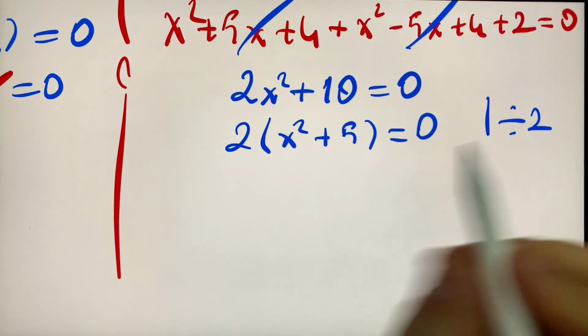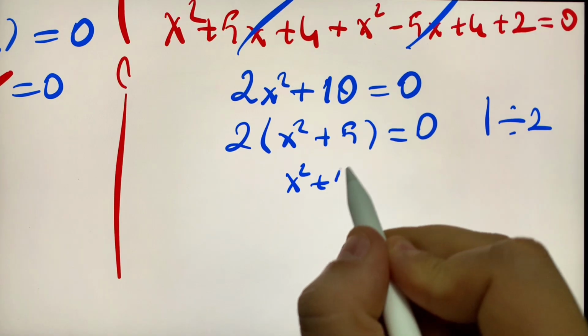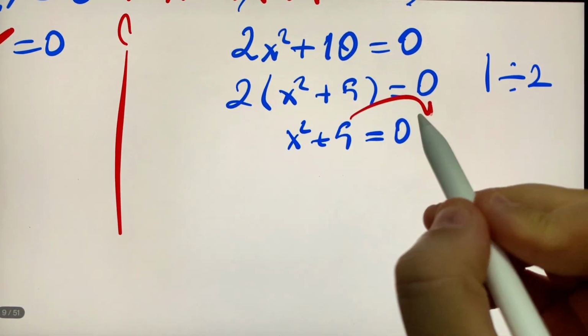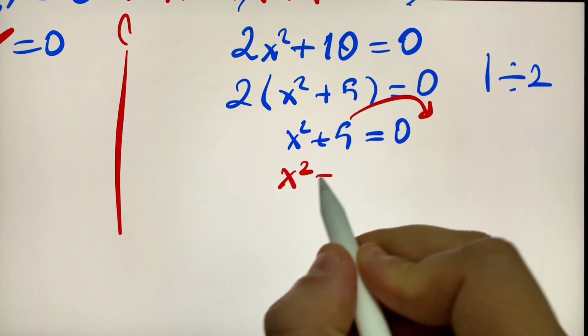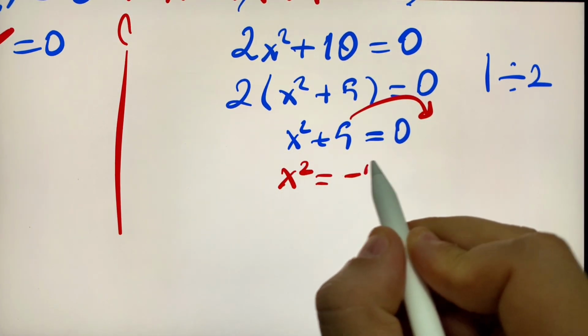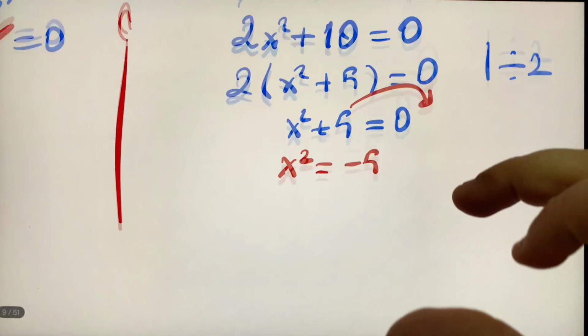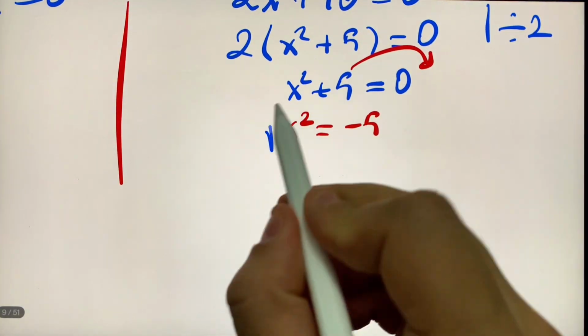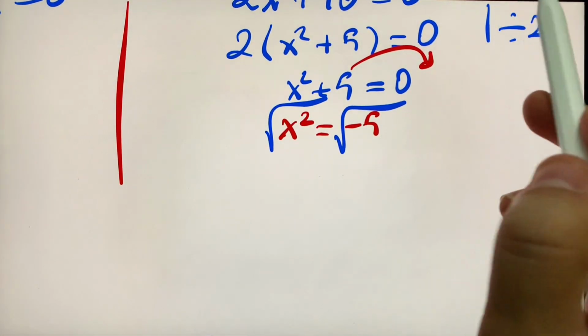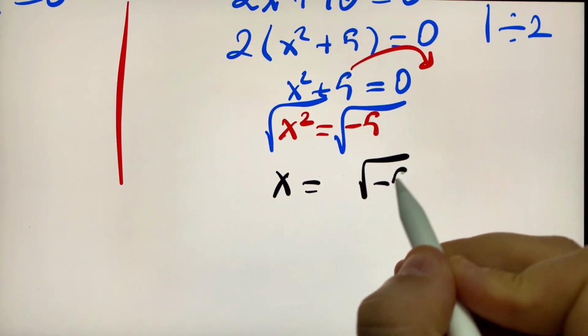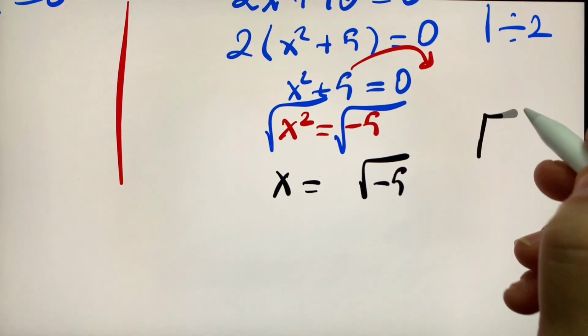If I divide both sides by 2, x squared plus 5 is equal to 0. I immediately send 5 to the other side. x squared will equal minus 5. Now that I'm trying to get x, what will I have to take on both sides? I'll have to take the square root. If I take the square root, x will be the square root of minus 5. What do we know?